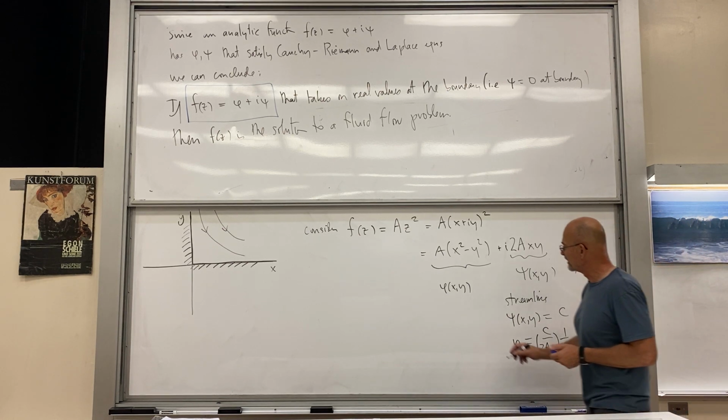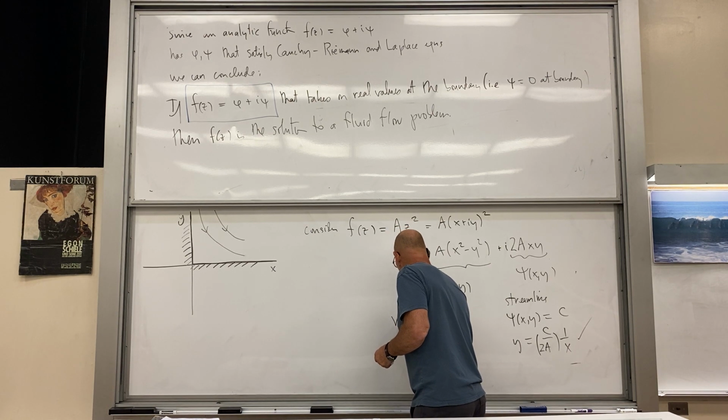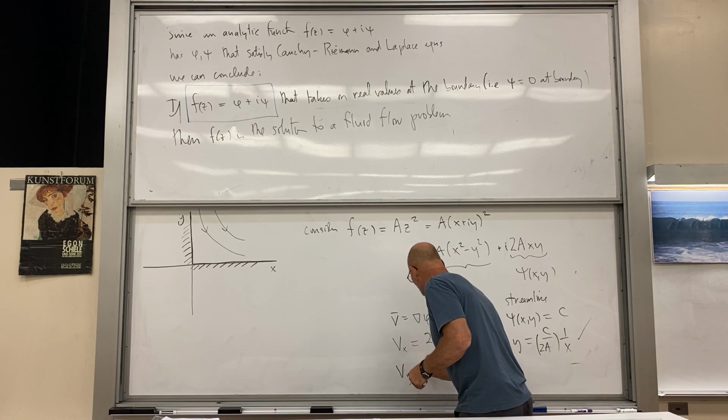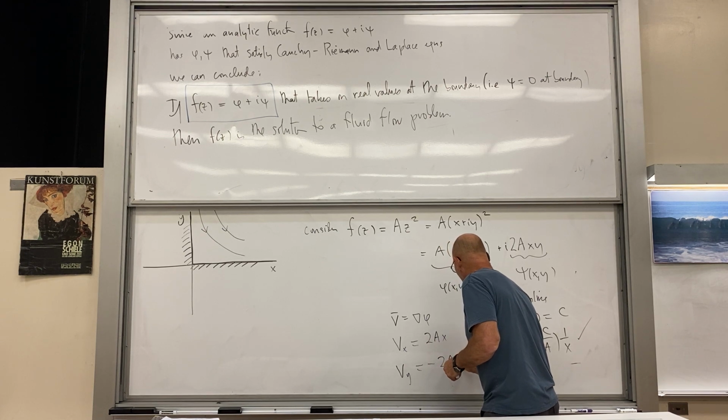And what about the velocity field? V equals gradient of phi, so v sub x is equal to 2ax, v sub y is equal to minus 2ay.